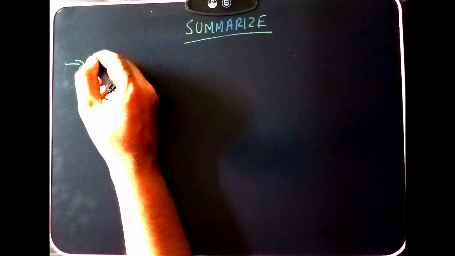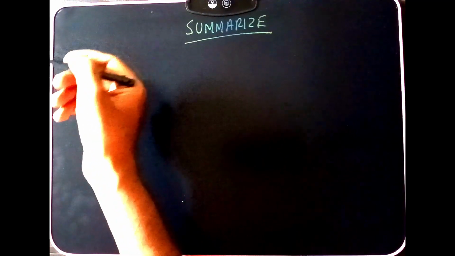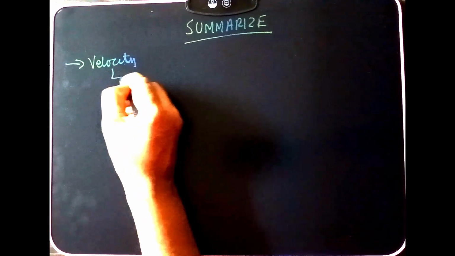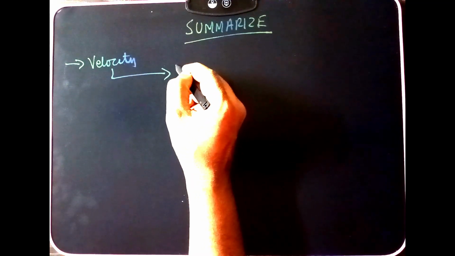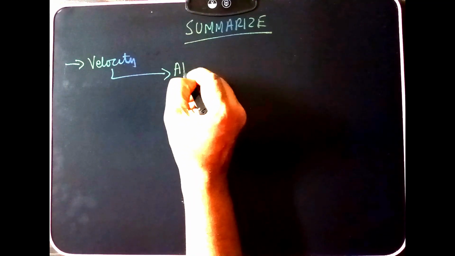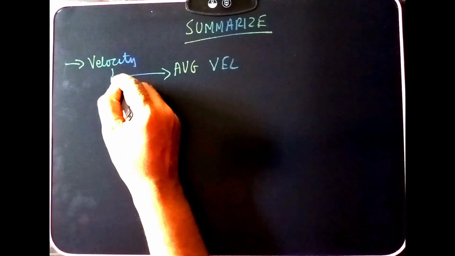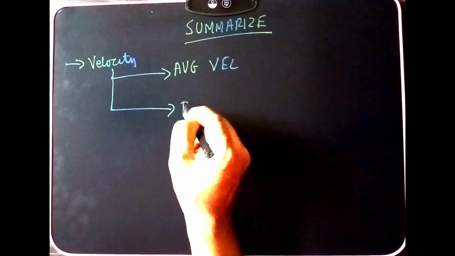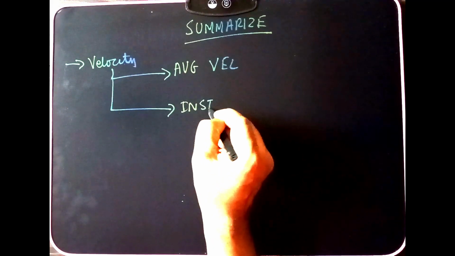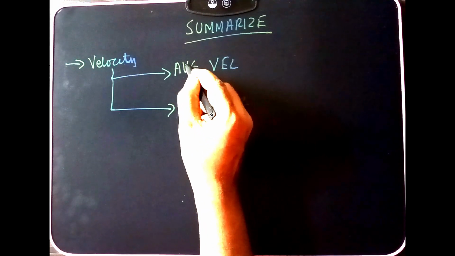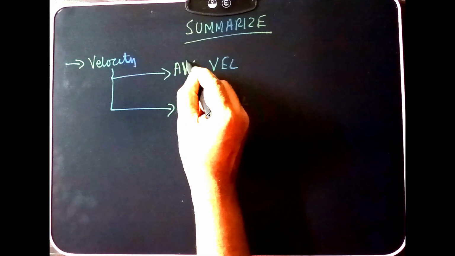Okay, let us summarize this for velocity. We have seen how to represent average velocity, and then we have also seen how to represent instantaneous velocity. I'm writing the short form here, please pardon me. This is average, AVG.